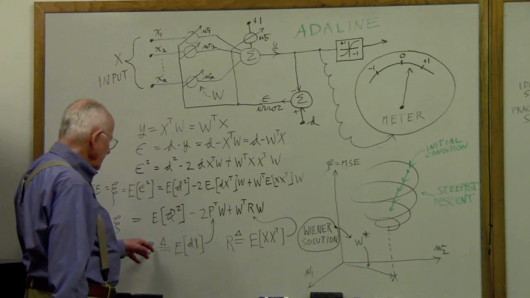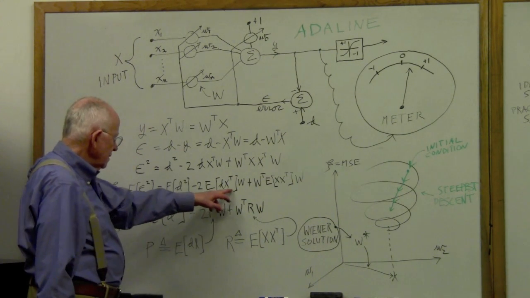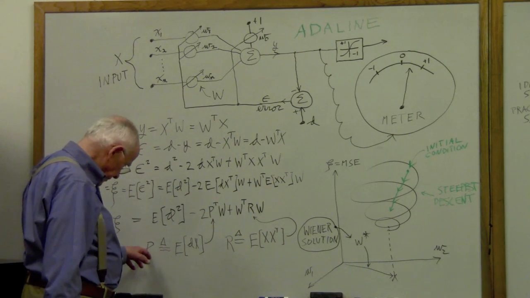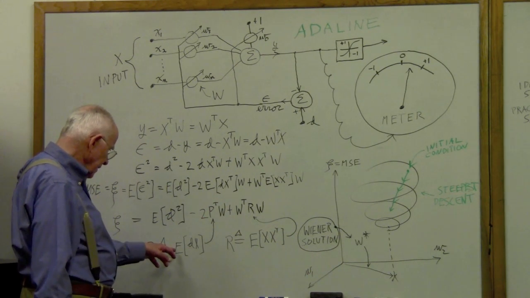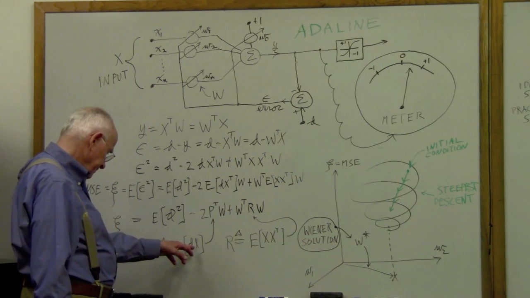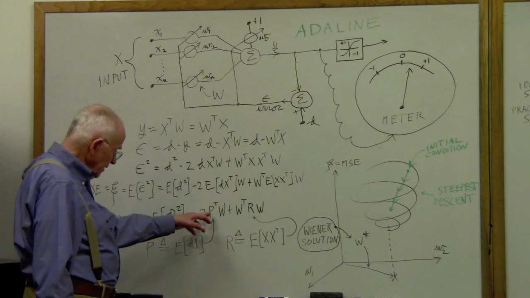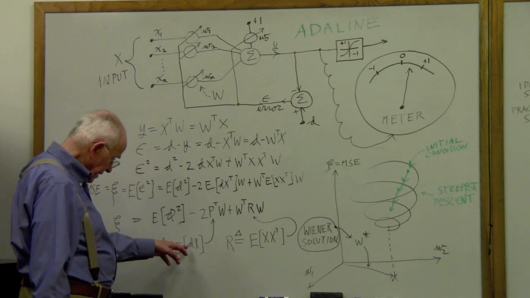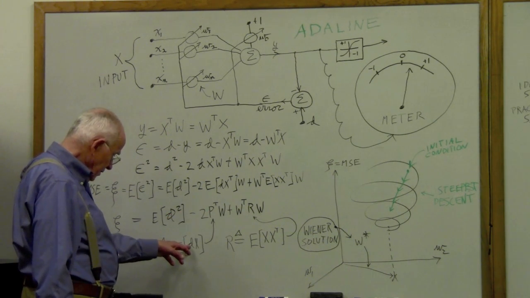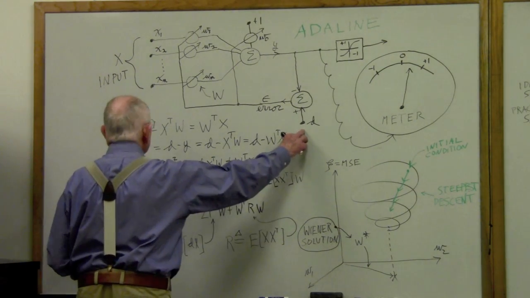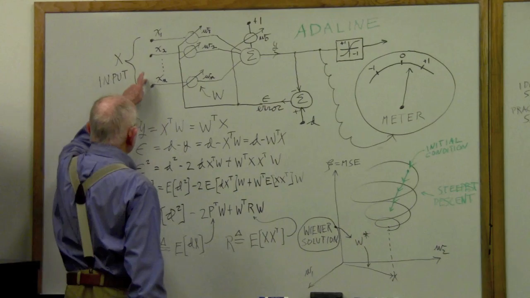Now, we made a definition. I simplified this expectation. We made a definition that the expected value of dx we represent by the vector p. P is a cross-correlation vector. It's a set of cross-correlations between the desired response and each of the components of the input.